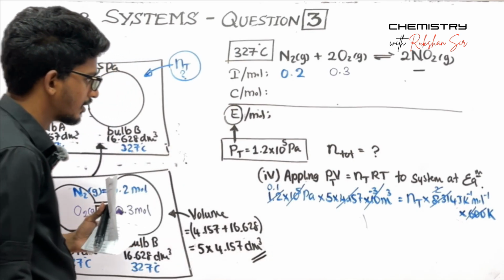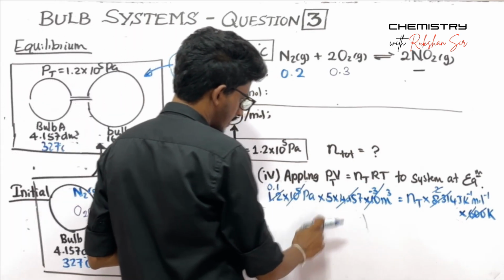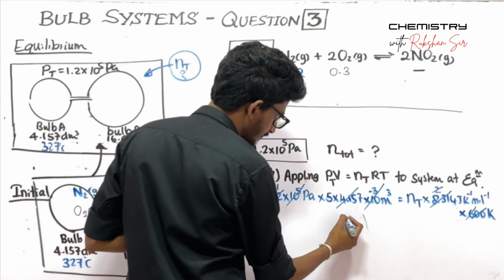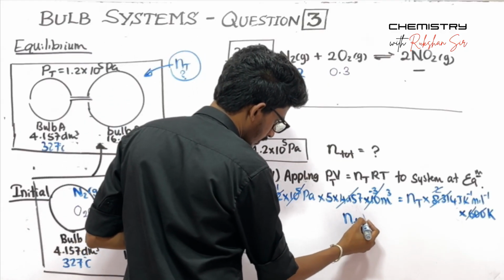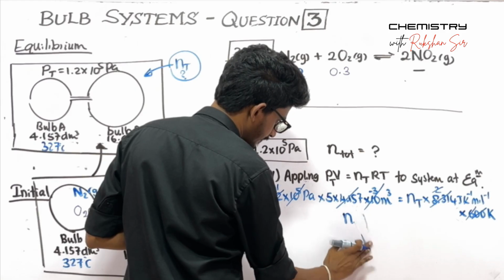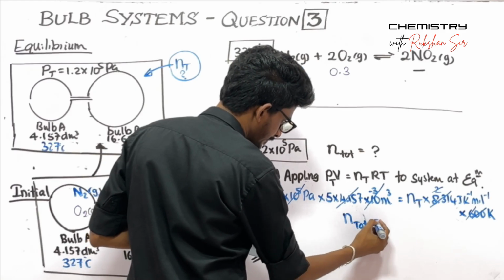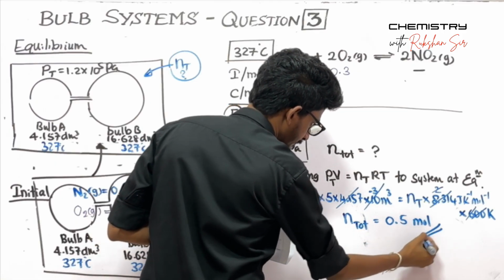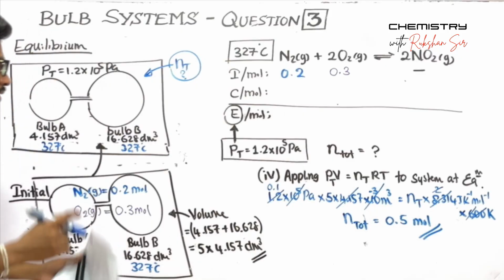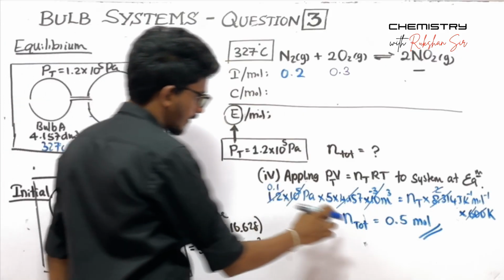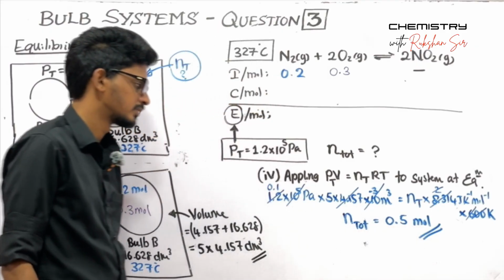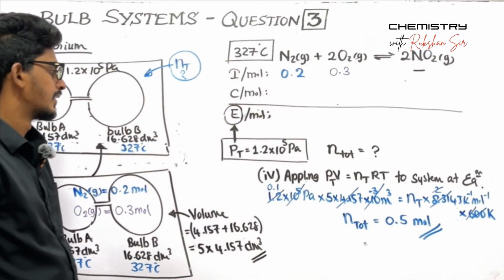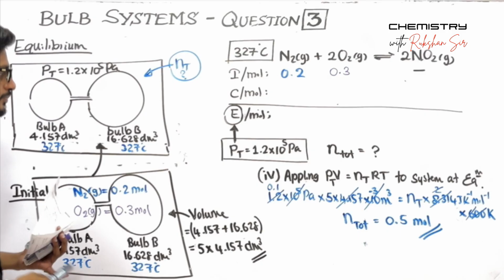So N2 is going to be 0.1 into 5, 0.5. N in total is going to be 0.5 moles, right? No worries, no? Right, that is the answer of the Roman number 4.